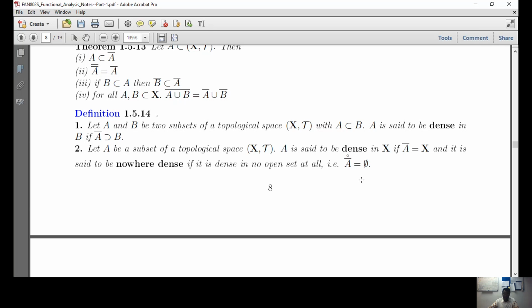Nowhere dense: A is nowhere dense if the interior of the closure of A is empty. That is, there's no interior, right? Because the interior is empty inside. It is empty.